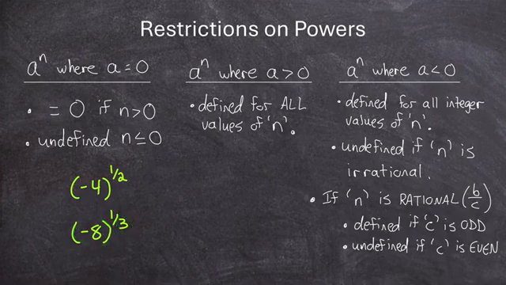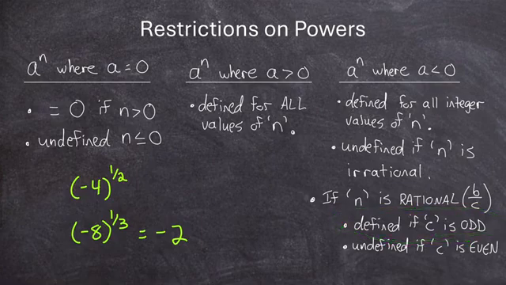Well, 3 factors of negative 2 equals negative 8. So the answer to that is defined. It's negative 2. And anytime we have an odd denominator in the rational exponent, we're looking for what number multiplied by itself an odd number of times is a negative value, which is always possible, which is why these powers are defined when the denominator is odd.